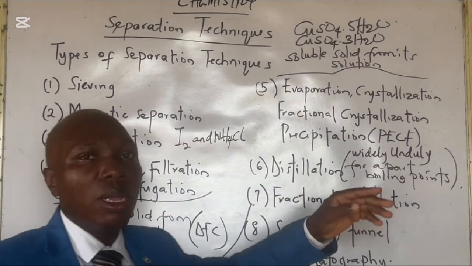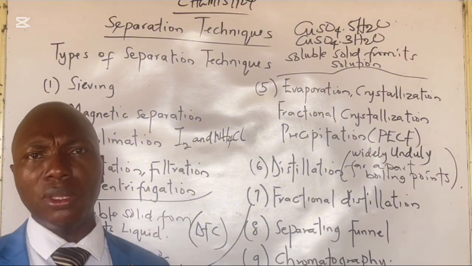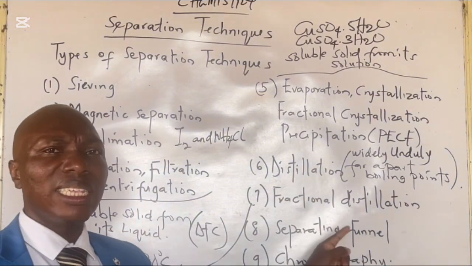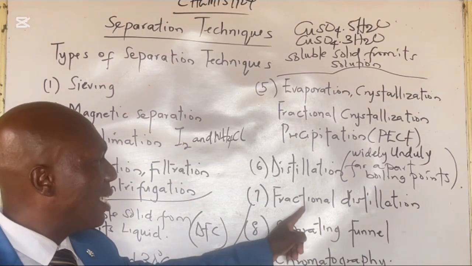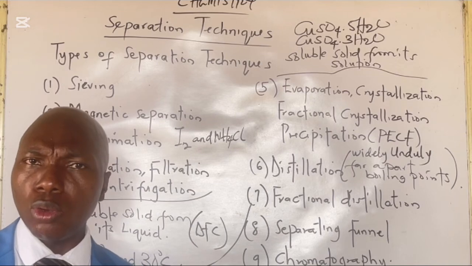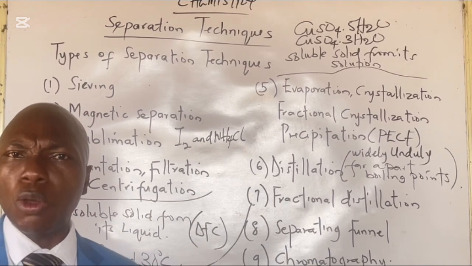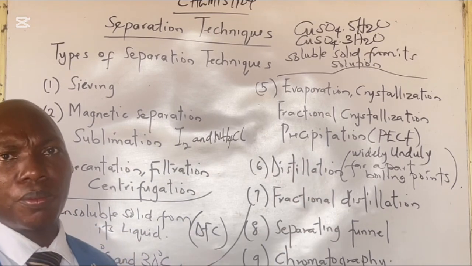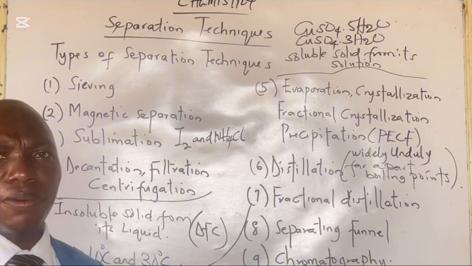But distillation has widely different boiling points. Another difference is that for fractional distillation, in the construction of the apparatus, you must use what we call a fractionating column, which is not present in distillation. That is their major difference.